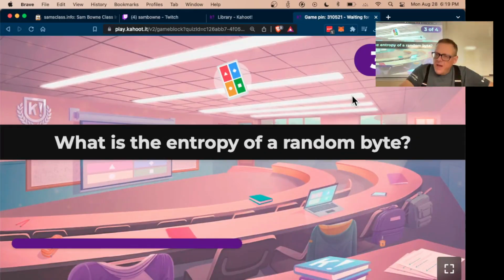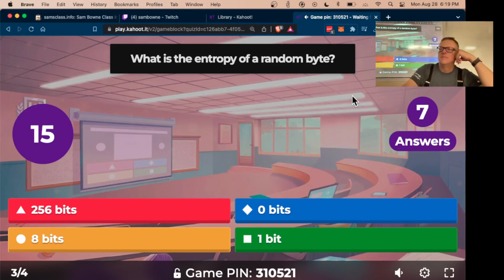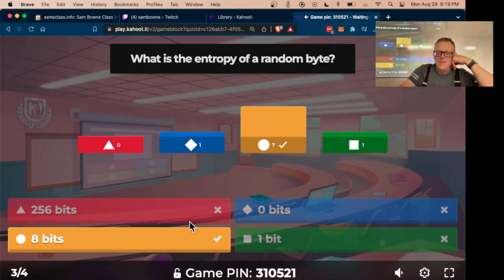What's the entropy of a random byte? Right, 8 bits in a byte. If it's random, all 8 bits are used. If you have a file and all the bytes are all the same, then it's not really using all the bits. The information content is lower, and you could zip it and make it smaller. Zipping it is just squeezing the air out of it.